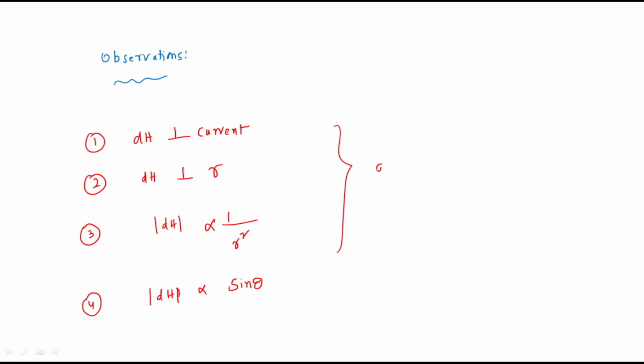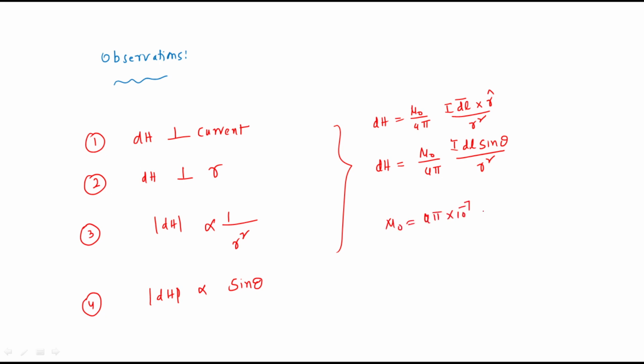Finally, dH equals mu naught by 4 pi I dl sine theta by r square, or you can write dH equals mu naught by 4 pi into I dl cross r cap by r square, where mu naught equals 4 pi into 10 power minus 7 henry per meter.